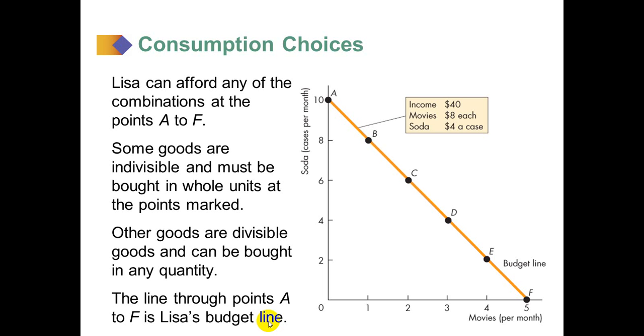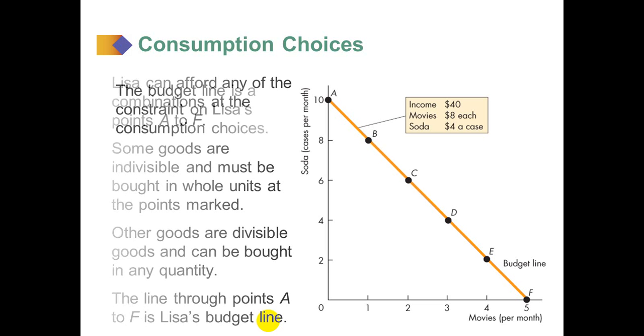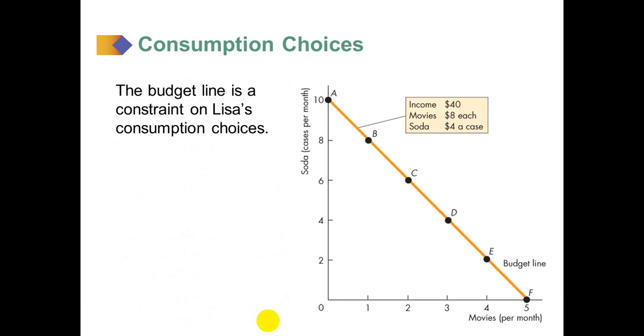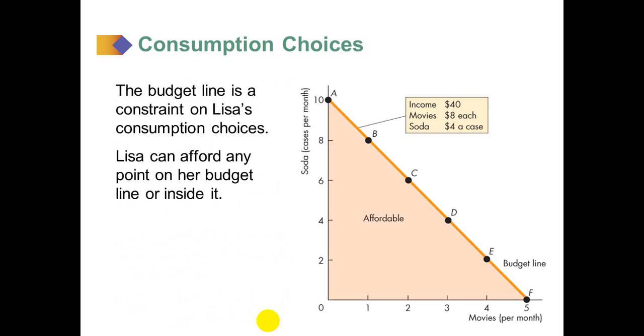So the budget line is a constraint on Lisa's consumption choices. Lisa can afford any point on her budget line or inside it. Lisa cannot afford any points outside her budget line.